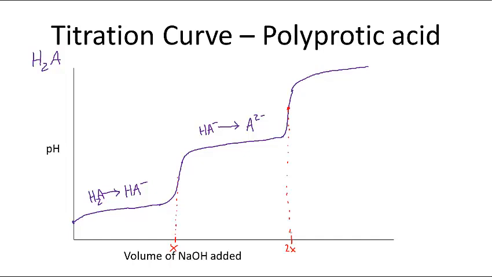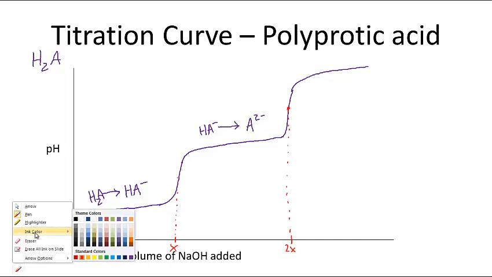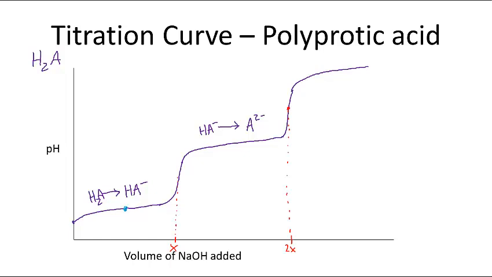So we have multiple equivalence points. That also means we have multiple half equivalence points. At the first half equivalence point, so this would be at X over 2, what would we say about the pH at that point? pKa1.